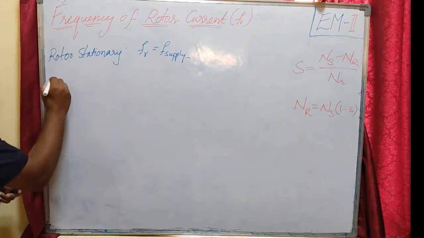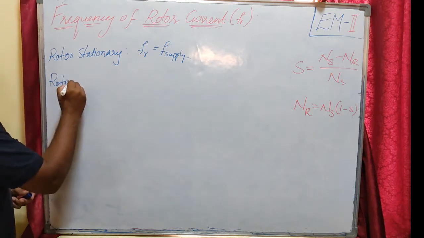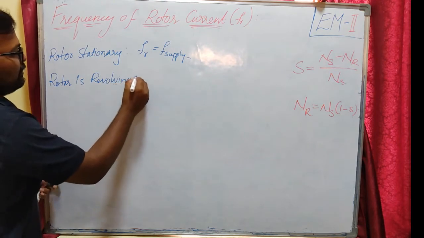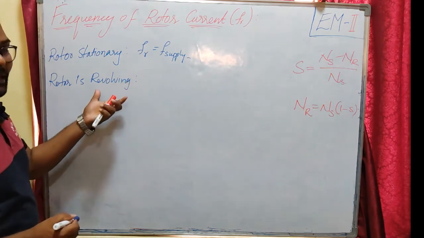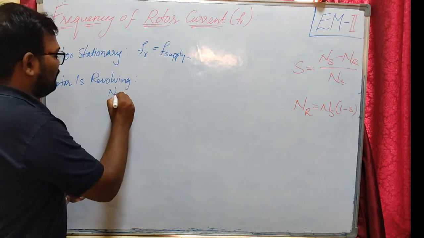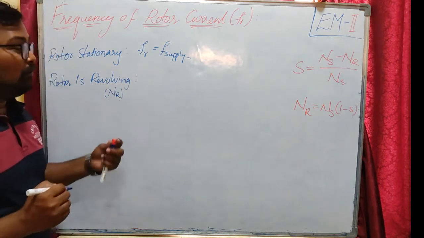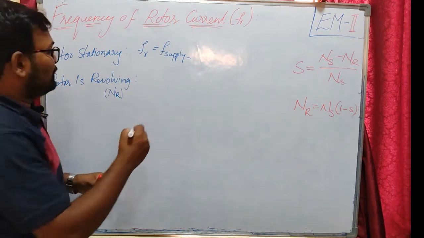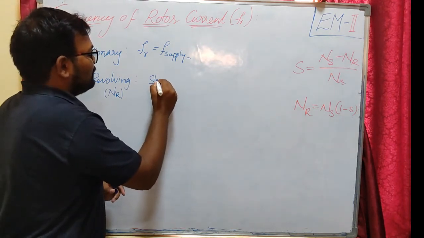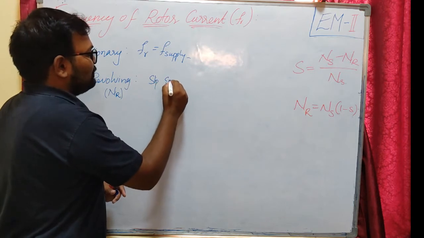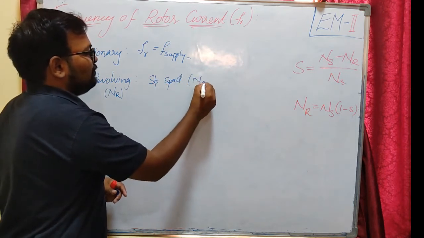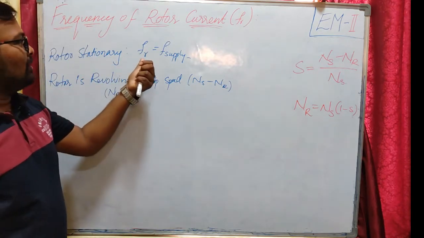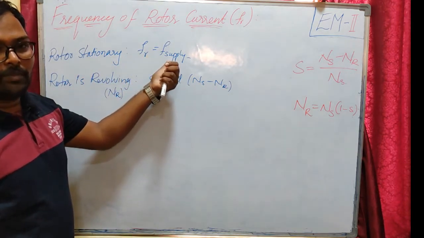Now when our rotor is revolving, that means rotor has gained a speed, that is nr. Now our rotor is rotating. Now what is the frequency of the rotor current? That depends on the slip speed, that is ns minus nr. So whenever the rotor is stationary, the frequency of rotor current depends upon the supply frequency.